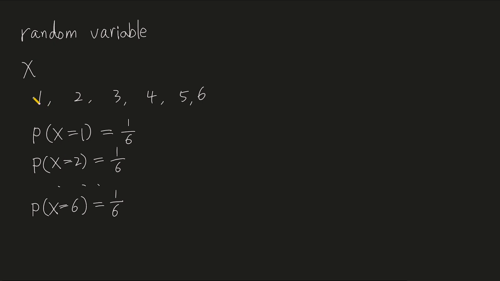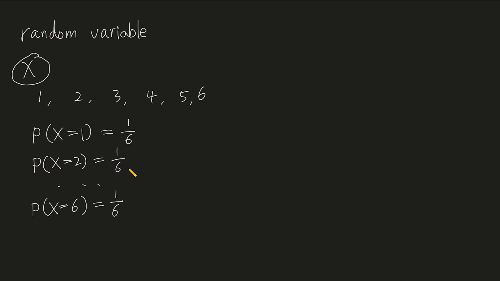So here X is an example of a random variable. The value of X depends on chance. For example, the chance that X equals 1 is 1 over 6. The chance that X equals 2 is 1 over 6.